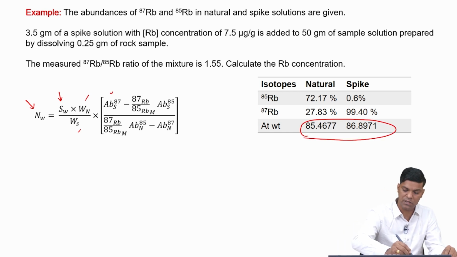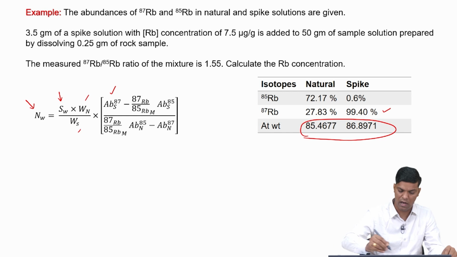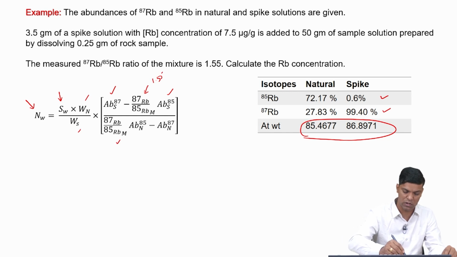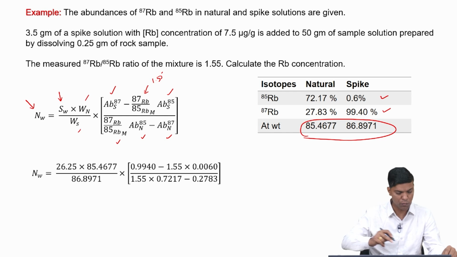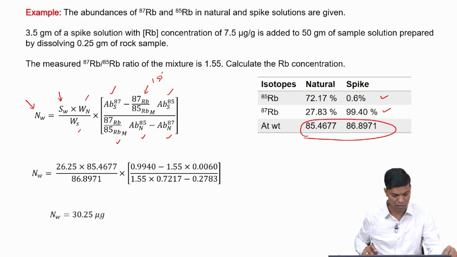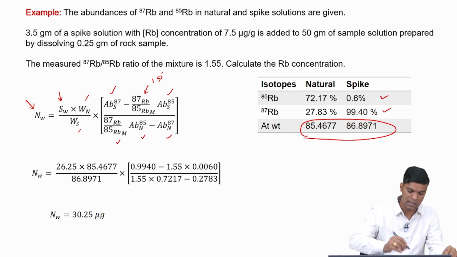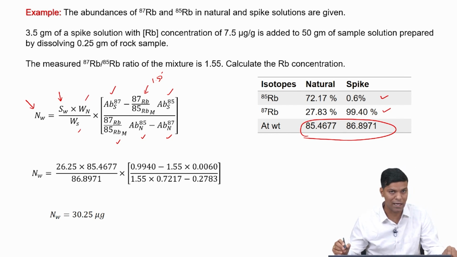Abundance of 87 in the spike is given, abundance of 85 in the spike is given. This is the mixture ratio which is given, it is 1.55. This is the natural isotopic ratio, which is known. So, if you put all these numbers here, the final number that you get is 30.25 microgram.